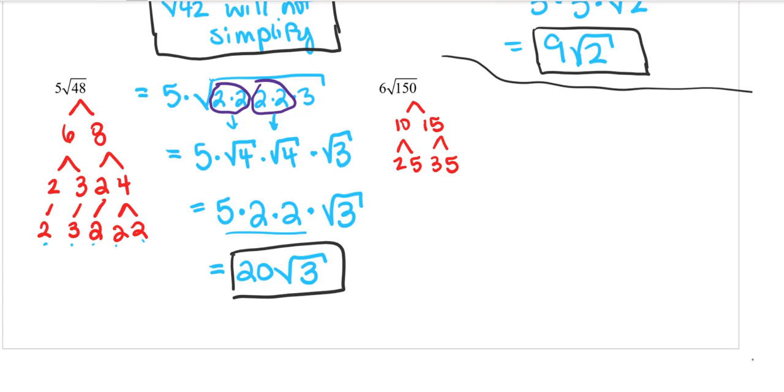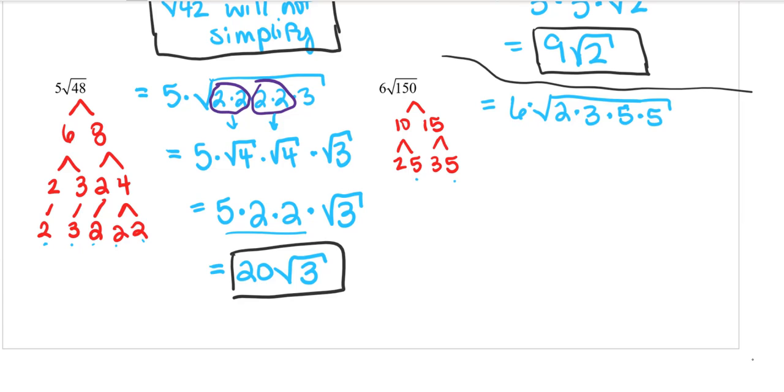So we've got 6 times the square root of 150. So we can write that as 6 times the square root of, well, we've got a factor of 2, times a factor of 3, and then 2 factors of 5. So 150 is equal to 2 times 3 times 5 times 5.